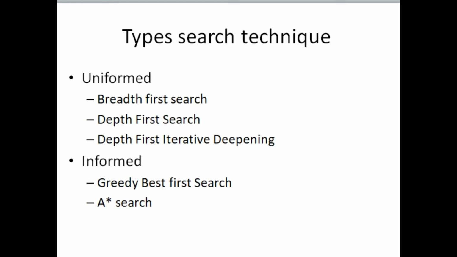In the previous lecture we covered breadth first search, and in this video lecture we will cover depth first search, depth first iterative search, and iterative deepening search. All of these three search techniques belong to uninformed search techniques. So our major topic is problem solving by search techniques.